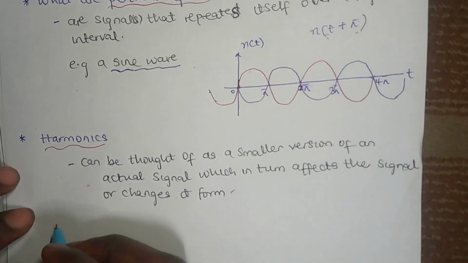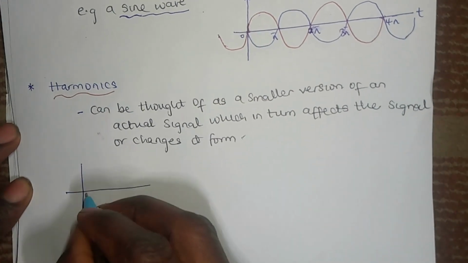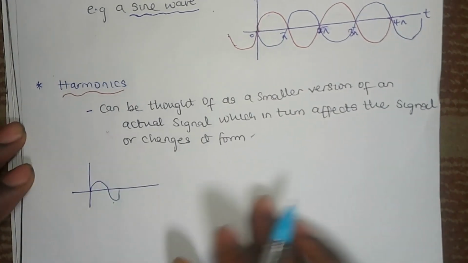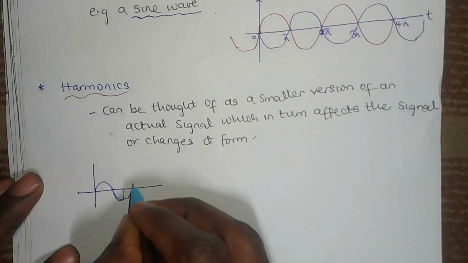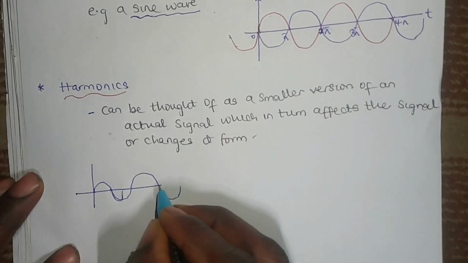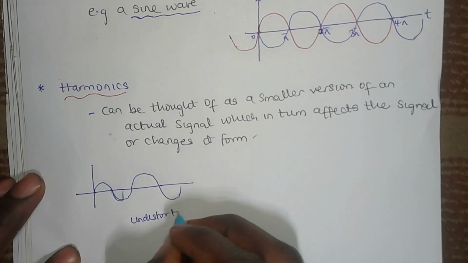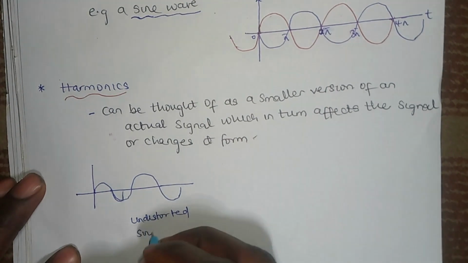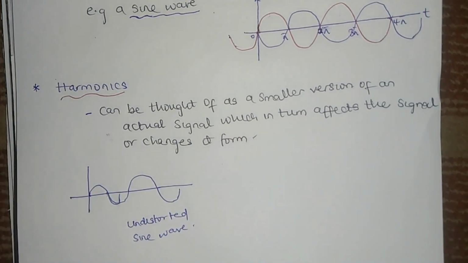Here is a pure sine wave, which is undistorted. A pure sine wave. There is no harmonics, there is no distortion in it.